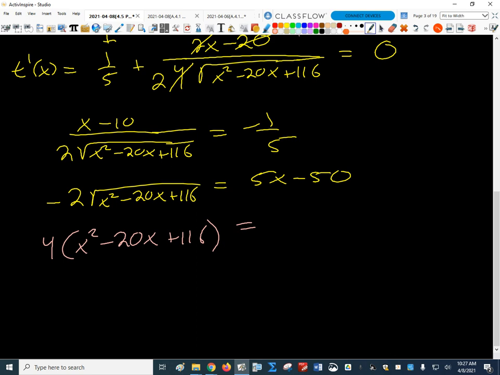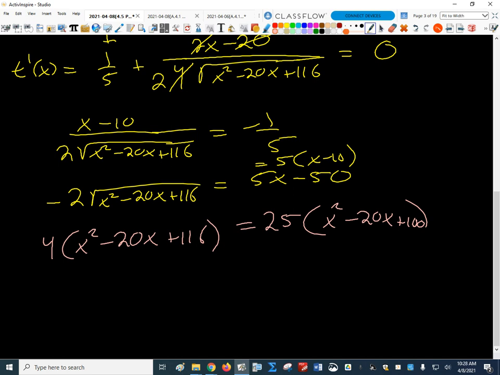I'm going to rewrite this as 5 times the quantity x minus 10 when I square it. So that's going to give me 25 times x minus 10 quantity squared, which would just be x squared minus 20x plus 100, right?